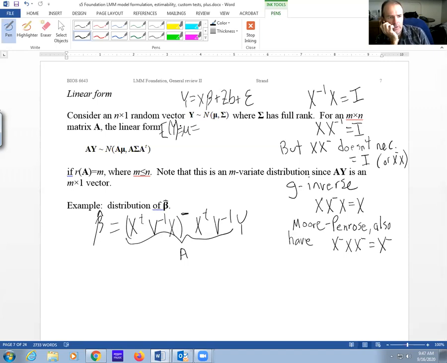So think of taking the expected value of those three pieces, right? The expected value of the errors, we know that's 0. What about the random effects? Well, b has a normal distribution.